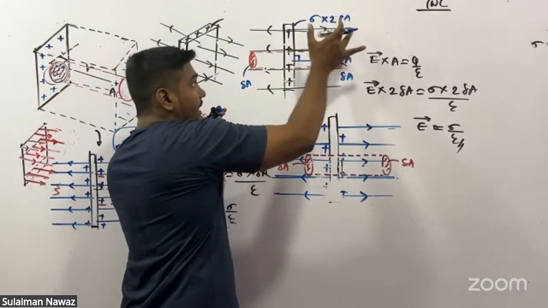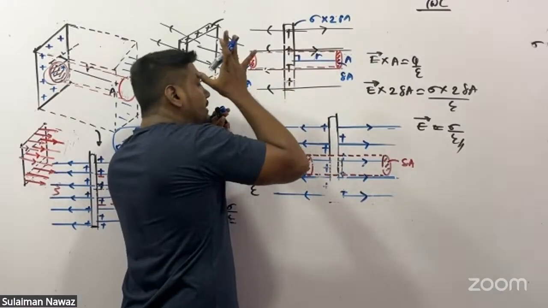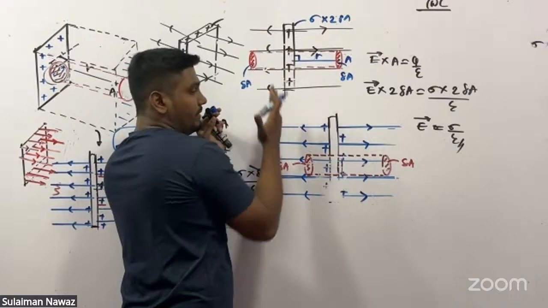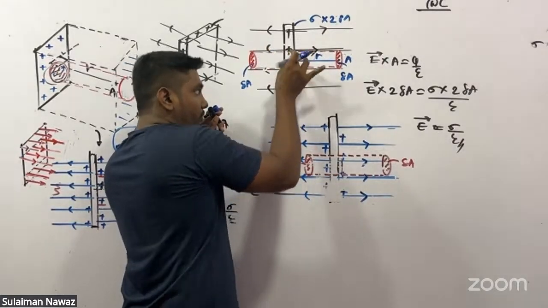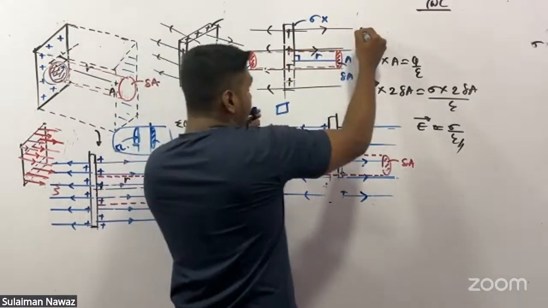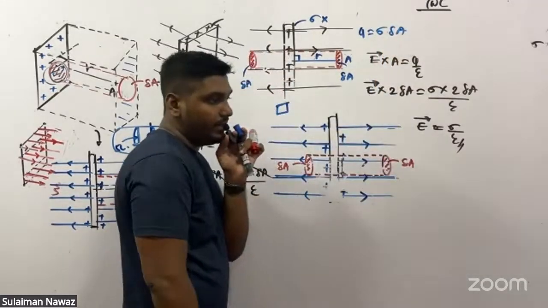I said that charges are not distributed on the surface of the plate. Charge is stored only inside the plate. So if you want to find the total charge inside this red region, Q equals sigma into delta A.